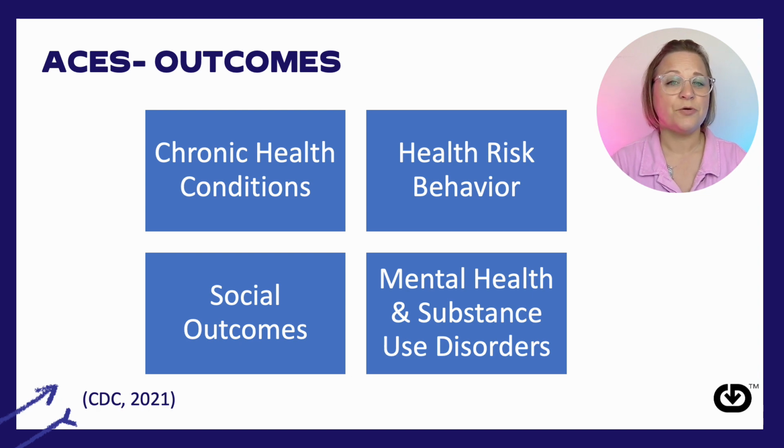And finally, it's no surprise that patients with ACEs in their childhood are more likely to have a variety of mental health disorders and substance use disorders, including things like alcohol, opioids, and tobacco. So you can see that the consequences of adverse childhood experiences affect someone's entire life, and it's important as nurses that we recognize ACEs and we do our part to prevent ACEs in the community.